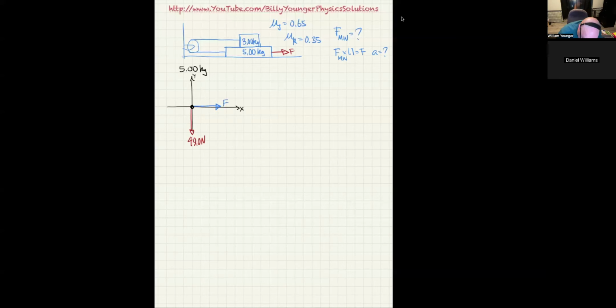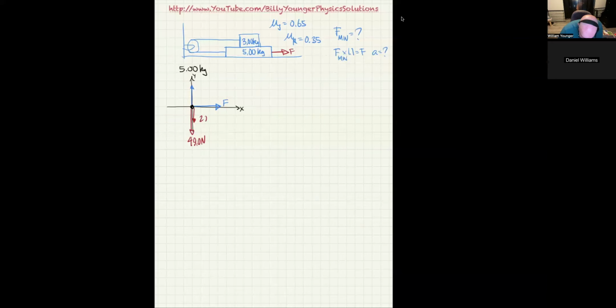We also have a normal force that the flat surface under the 5 kilograms is applying to the 5 kilograms, but we also have a weight. The 3 kilogram block is sitting on top of the 5 kilogram one. So we also have a 3 times 9.8, which is 29.4 newton downward force.